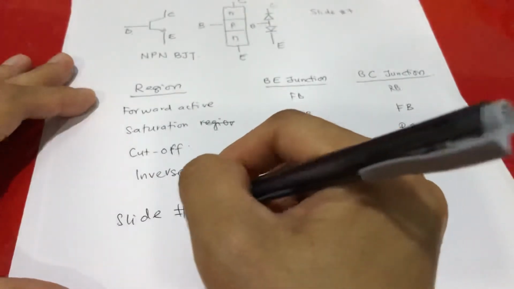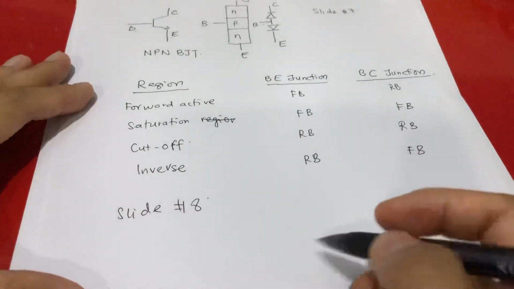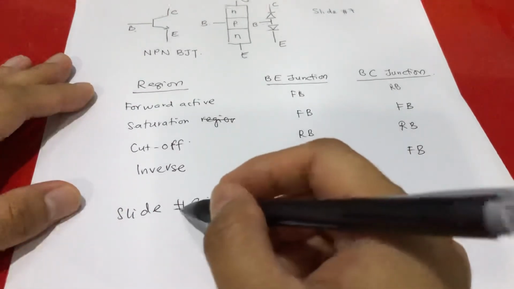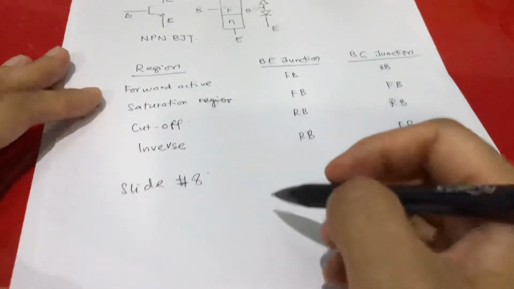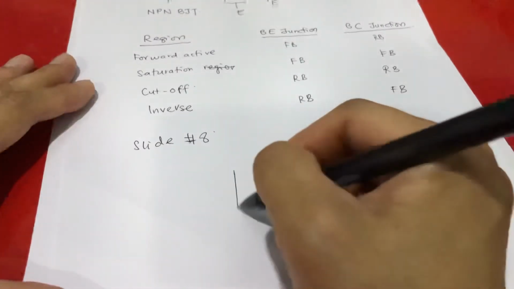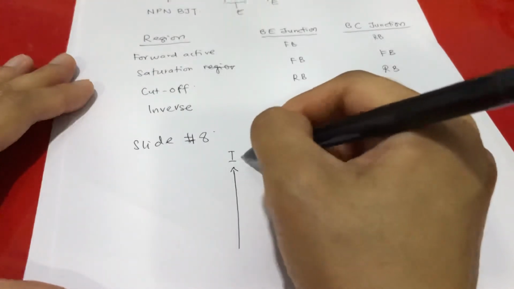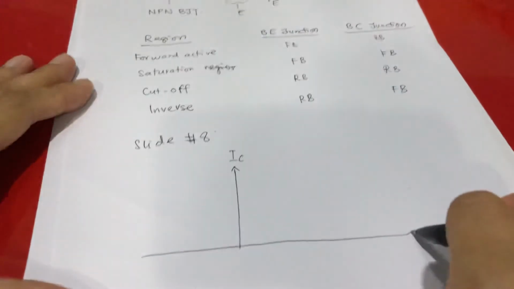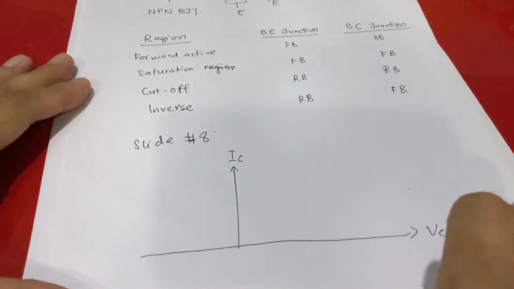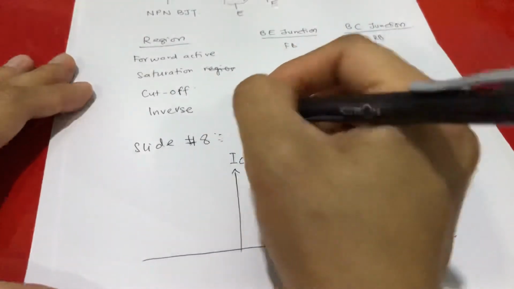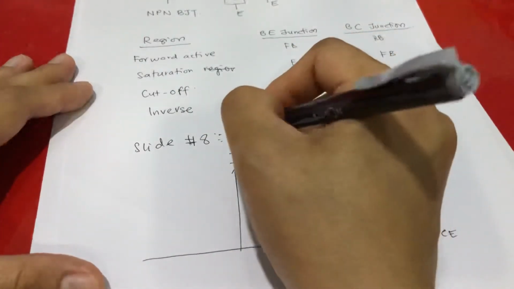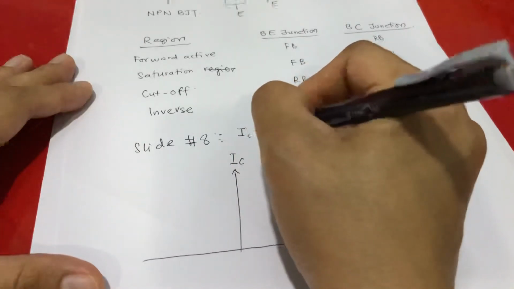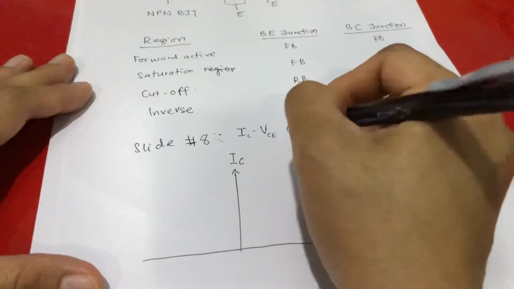You can look at the next slide, number 8. We can look at the IC-VCE characteristic graph. You will see something like this. This is I; what is IC? Collector current. And then we have VCE. This is the IV characteristic, I for current, this is IC, V for CE.